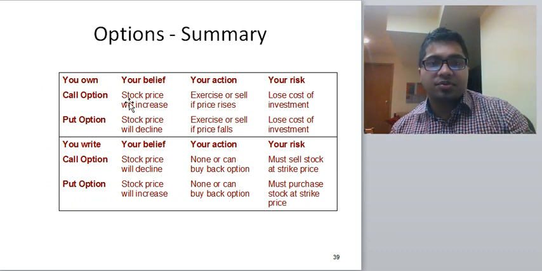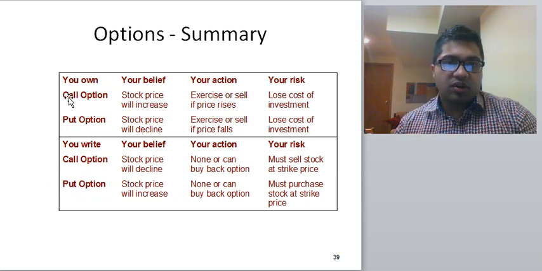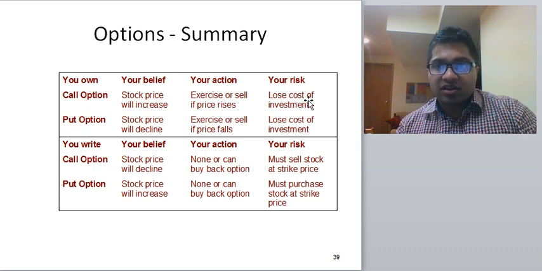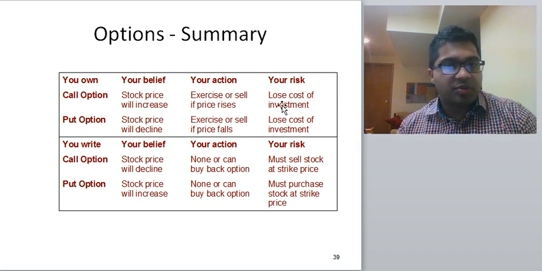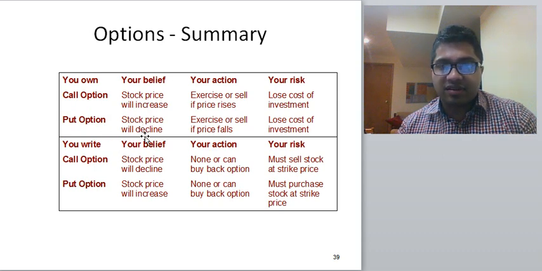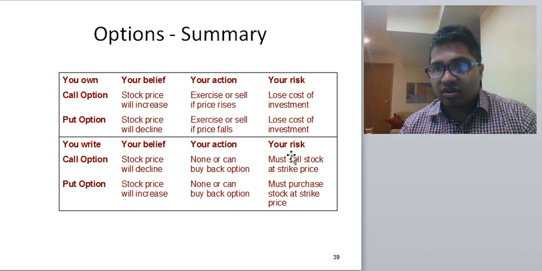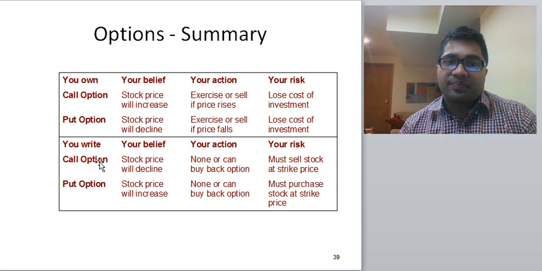So summary of options. If you are a buyer, your belief is stock price will rise. You will exercise or sell if the price rises. Your risk is losing the cost of investment, that is the premium. Put option, your belief is stock price will decline as a buyer. You will exercise or sell if the price falls, and your risk is you may lose the premium.